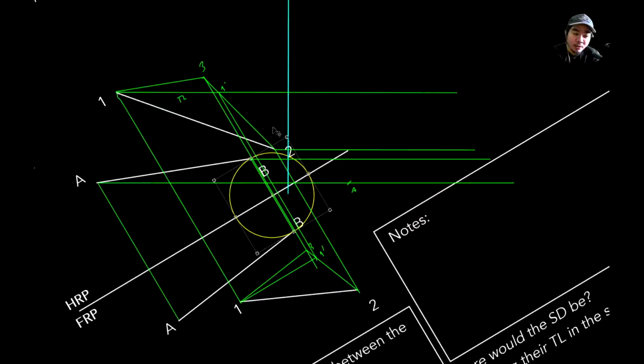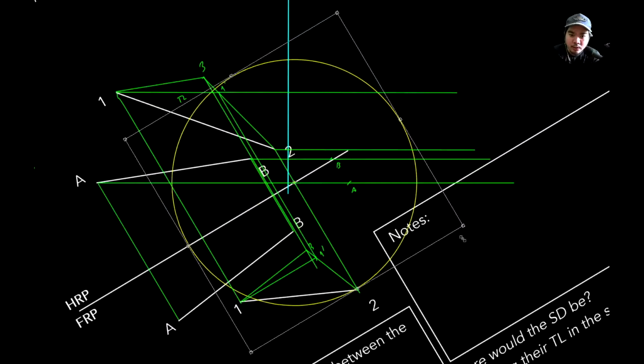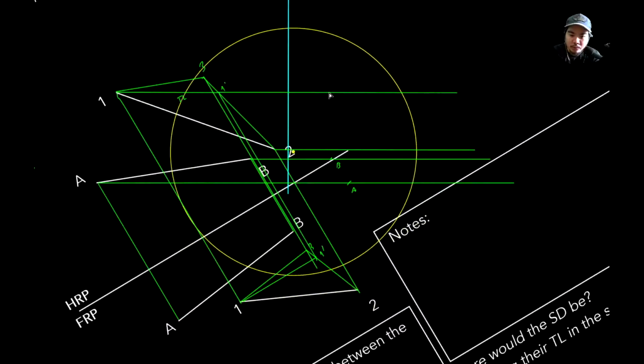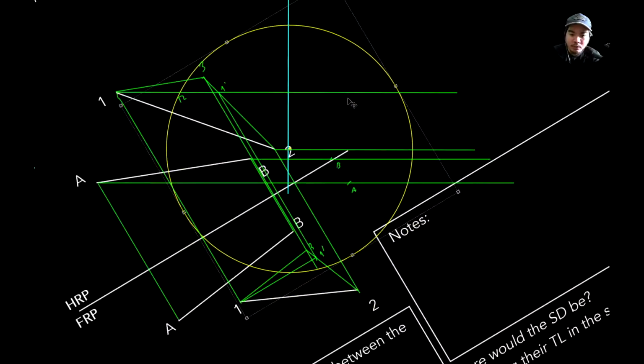Since arbitrary naman to, then you can plan ahead para malinis tingnan yung solution, no? Okay, ito si point B. Tapos compass natin, point 1 and point 2 na lang kulang, no? So again, si point 3 hindi na necessary kasi sure tayo na parallel dapat tong dalawang to. So point 2 is this point.